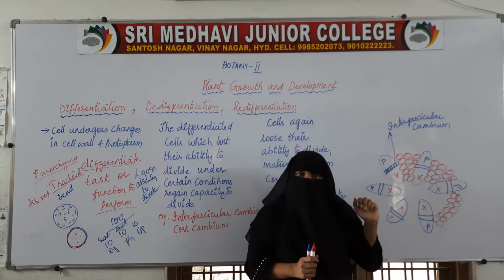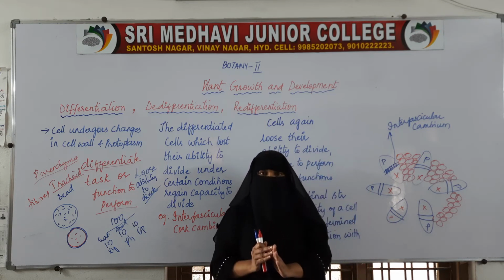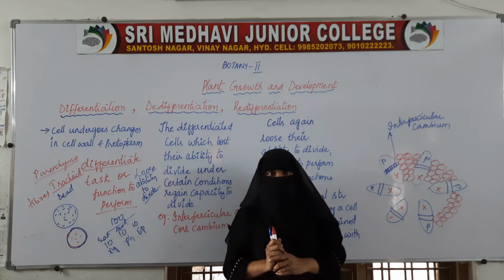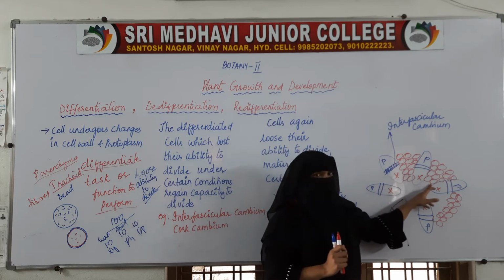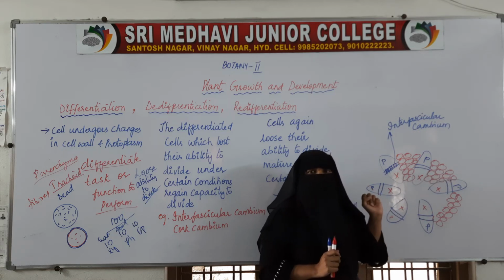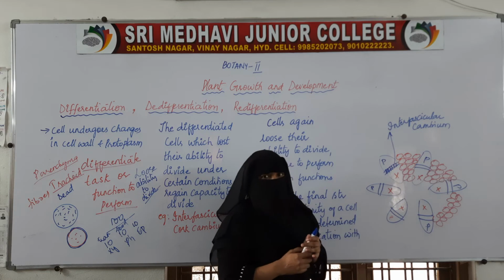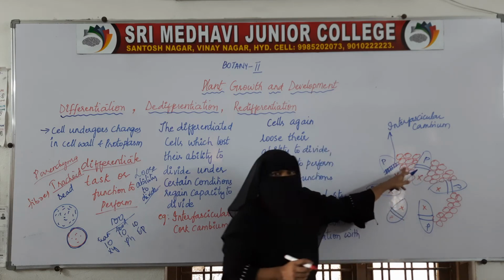So now parenchyma are the cells which have been differentiated. They have been given a particular function, that is to store the food material and provide nutrients to the cells. Now these parenchyma, what happens to this? Now they don't have the ability to divide.